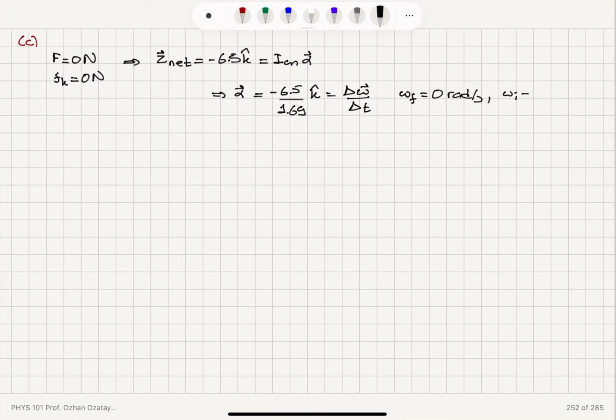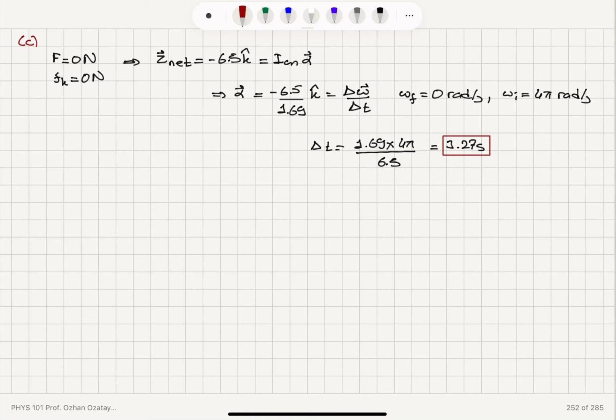Initial angular speed was 4 pi radians per second, and therefore the delta t that we will find is 1.69 times 4 pi divided by 6.5, which is equal to 3.27 seconds.